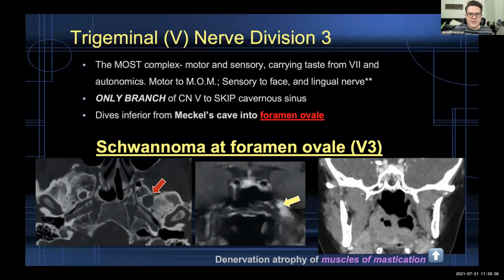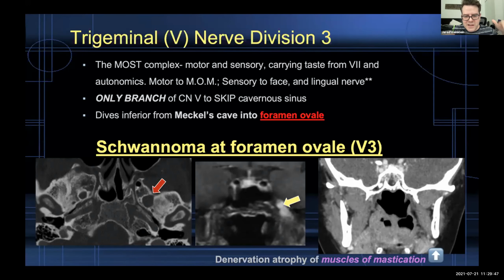All right, the third division of the fifth nerve, sorry. It's the most complex. It has motor, it has sensory, and then it tracks on taste from the lingual nerve, from the chorda tympani, from the facial nerve. But it's the only branch of the trigeminal nerve that skips the cavernous sinus.